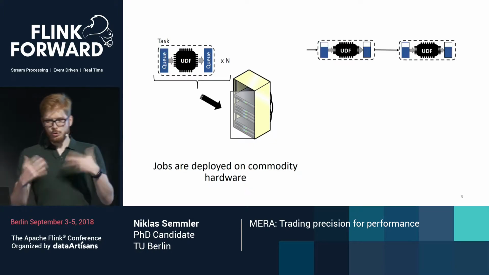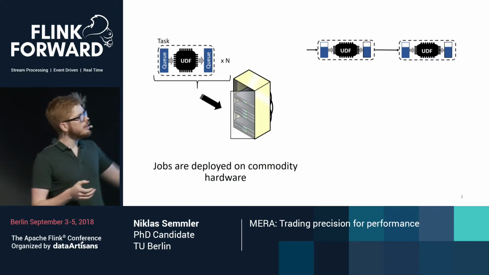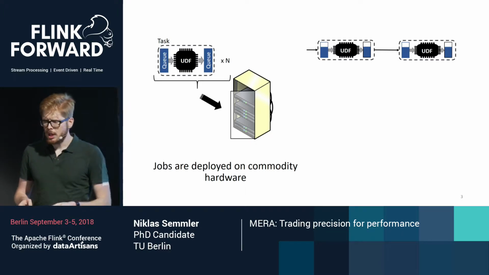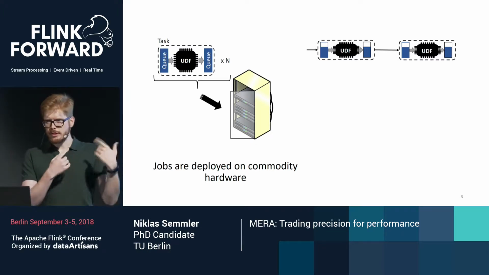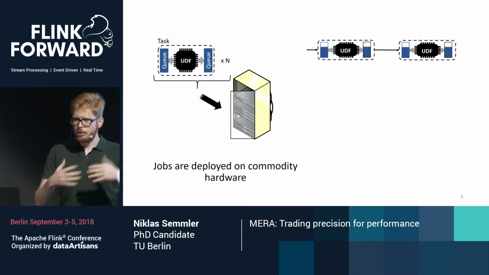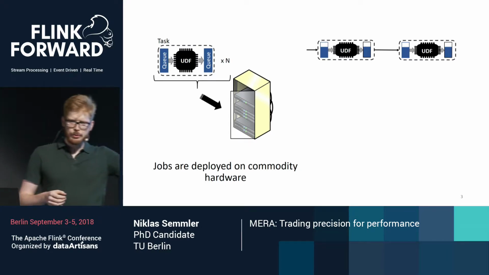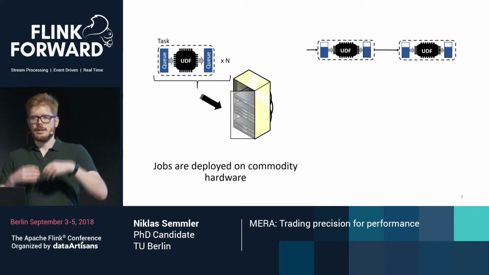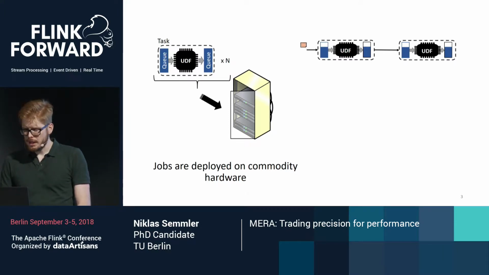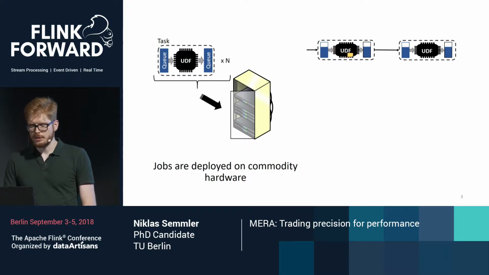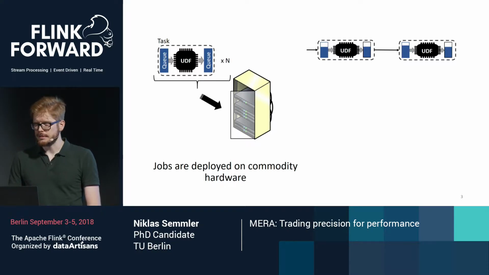Those tasks are connected, and by connecting them and exchanging information and bringing all those functions together, UDF, by the way, for user-defined function, they do the computation. Very simplified, it looks like this: you have a record coming in, being processed by the UDF, coming to the output queue, and then finally going to the input queue of the second task.